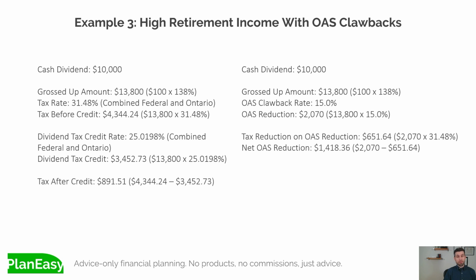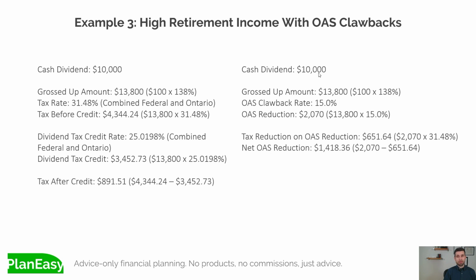Now, because old age security is taxable, we actually have to look at the tax reduction on those benefits. So even though we've lost $2,000 in old age security, we're also going to pay less tax because we're not receiving those benefits anymore. So the net reduction in old age security, after we take into account the reduction in income tax, is about $1,400.